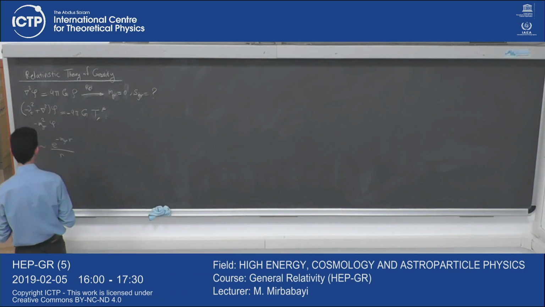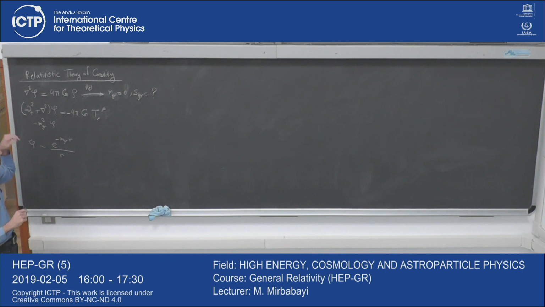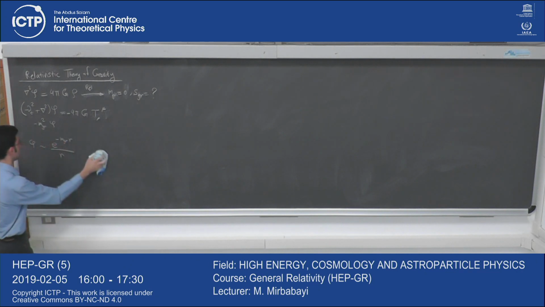So that puts an upper bound. When we go to higher spins, then there will be even more constraints. But at least just from the range of the interaction, we know that this m graviton has to be, if not 0, tiny. So we can, for the moment, just set it to 0.